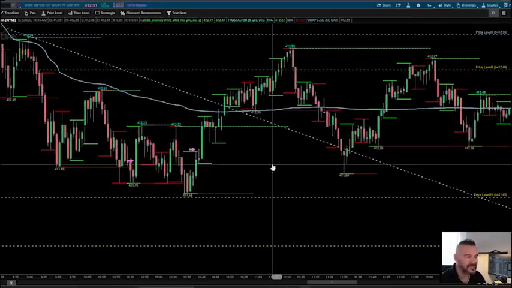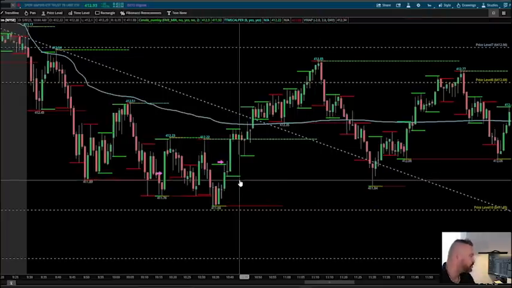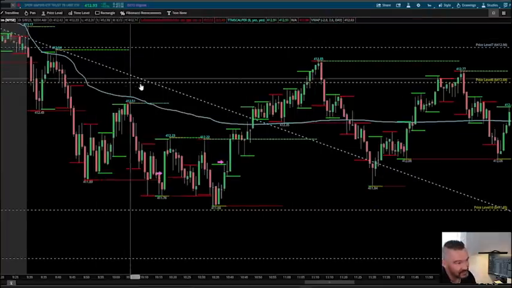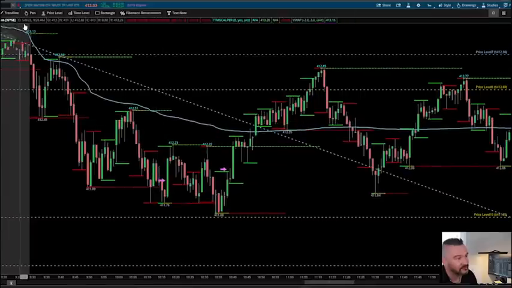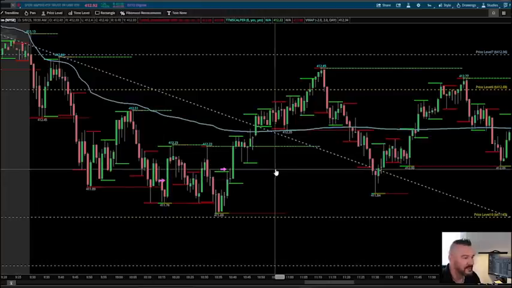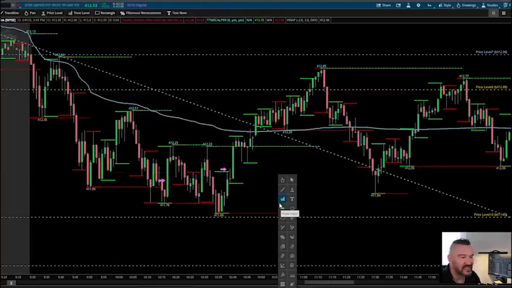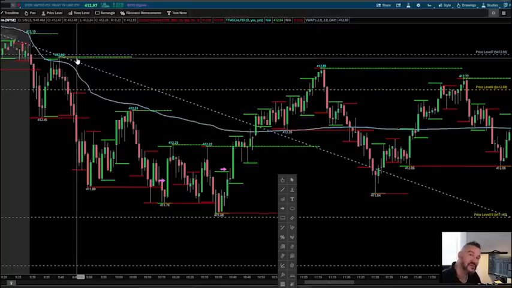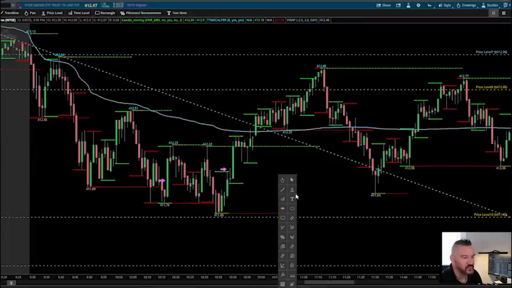So my exits from this position, and let's not forget we have our trend line from the morning. My first exit was on 49. I never exit on one stop, on one exit.